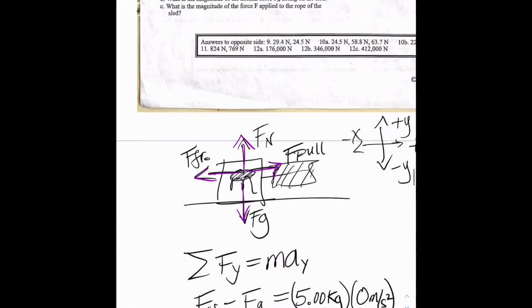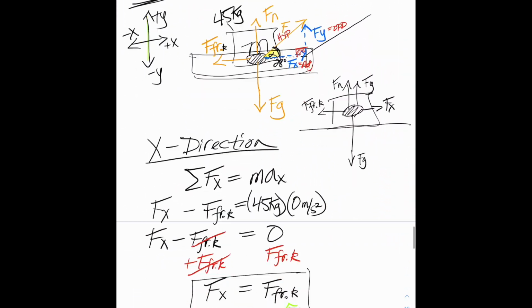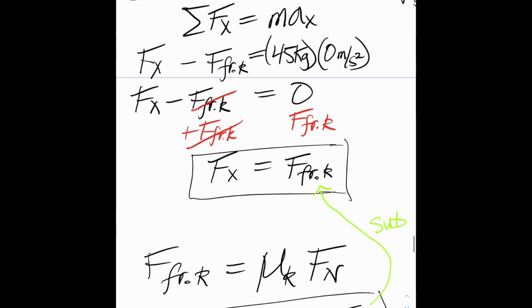Okay, so we want to know the frictional force, so we'll go back up to the start of our problem. And we saw that Fx is equal to the frictional force, right?